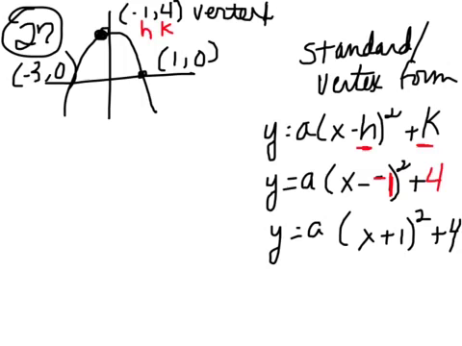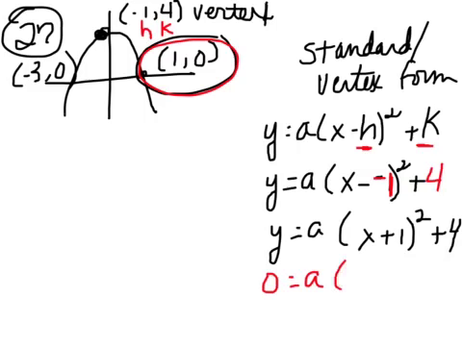You go, okay, I don't have the a, but what if I took something I do know, a point on the graph, and plugged it in? If you look at what would happen if you do what Kate said, let's say I'm going to pick (1, 0) just because it's a nice, easy number. Easier to plug in than (-3, 0) might be. So when y is 0, I'm picking this point, x is 1, so I'll plug that in.